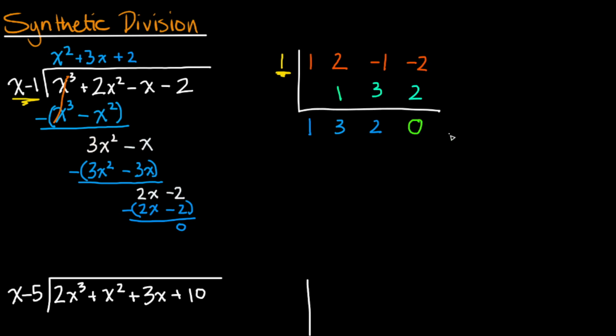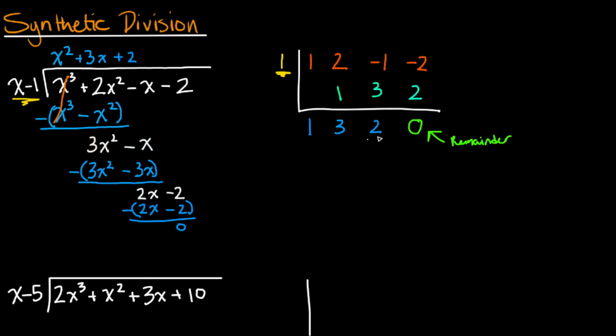And I made this green because this is important. This is the remainder. This 0 is the remainder. So let me write that. Remainder. That 0 is the remainder of whatever we're dividing by.